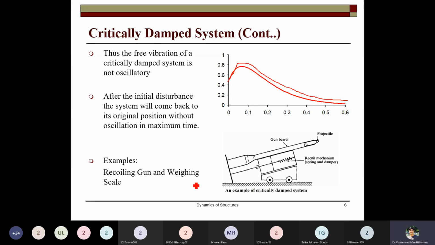The example is the recoiling gun and weighing scale. Free vibration of the system is not oscillatory actually. After the initial disturbance, the system will come back to its original position without oscillation in the minimum time. So in a very small time, the system comes to its original, normal position. This is the critically damped system.